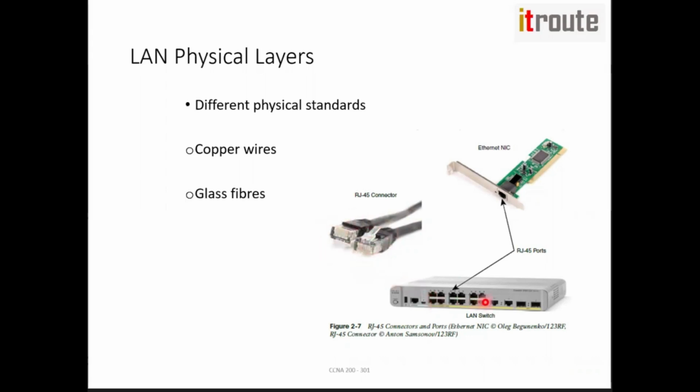We have a switch as well, and switch ports are also RJ45. That means this Ethernet cable head goes in there. So mostly in our network we can have Ethernet or copper cable, or in many contexts we can have fiber connectivity as well. These are the two different media we are using in our network.